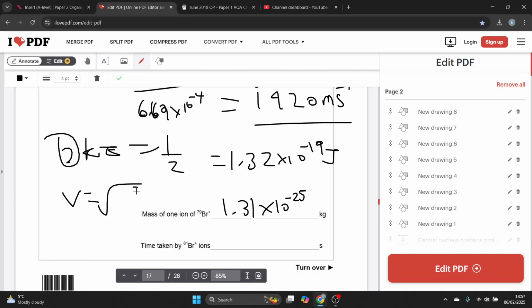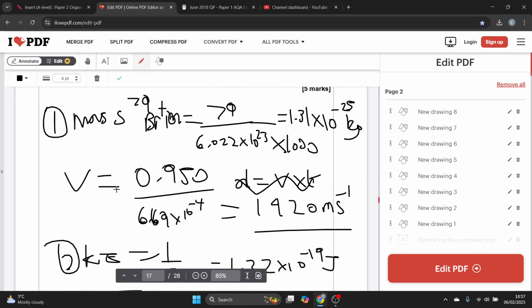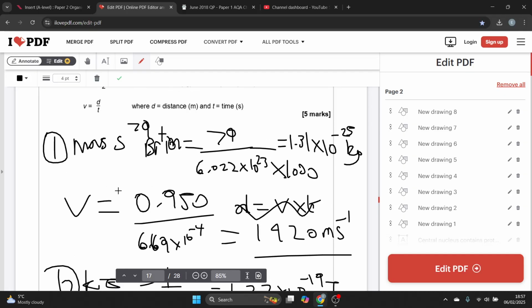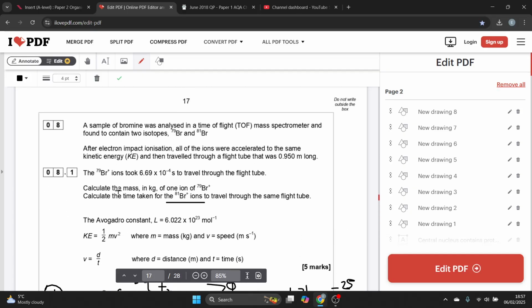Then velocity is the square root of 2KE divided by m. Let me try my way firstly. Velocity is distance divided by time, so time is the distance divided by velocity.